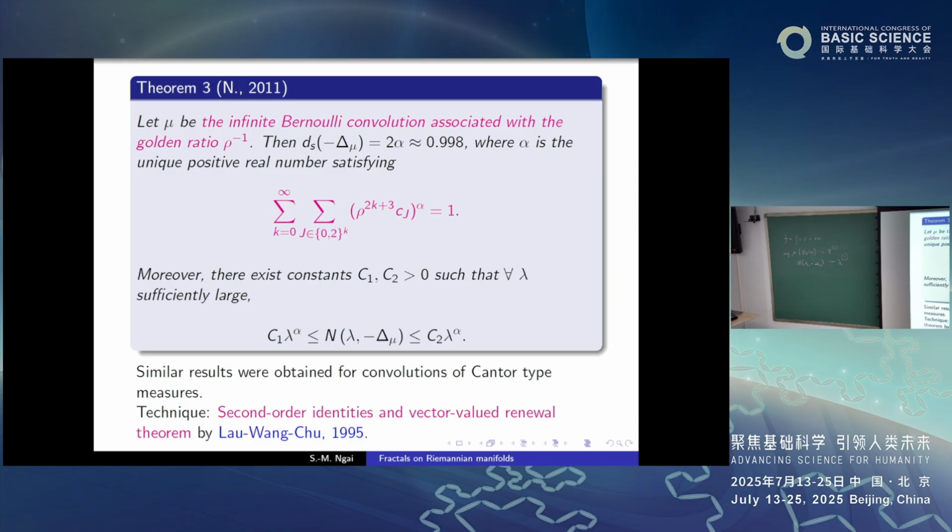Strichartz has a nice idea that enables us to compute the exact measures of these intervals. Actually, all we need is to consider this part. If we magnify this part, then using so-called second order identities, one can compute the exact measure of, say, a part in the middle, and others like these.